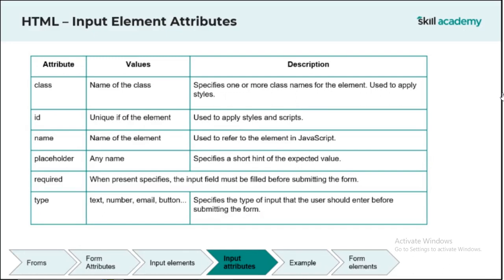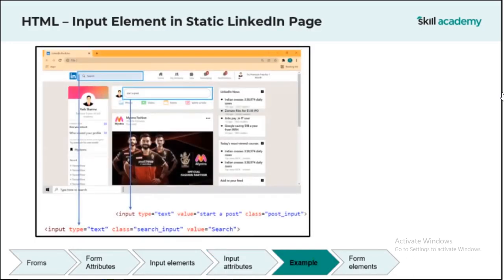Now before I take you to the practical part, I would like to show you some examples. So let's say very soon we are going to start designing this static LinkedIn page, और इस static LinkedIn page में we are definitely going to use HTML form tag. Okay, जैसे कि आपको यहाँ पे नजर आ रहा है search. Here we need to receive user input.